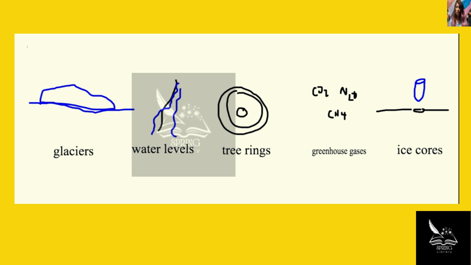Scientists can look at things you can observe physically happening currently: sizes of glaciers, locations of them, how fast they're melting, if the size is decreasing, if they're changing position because they might be moving due to a lower weight overall.